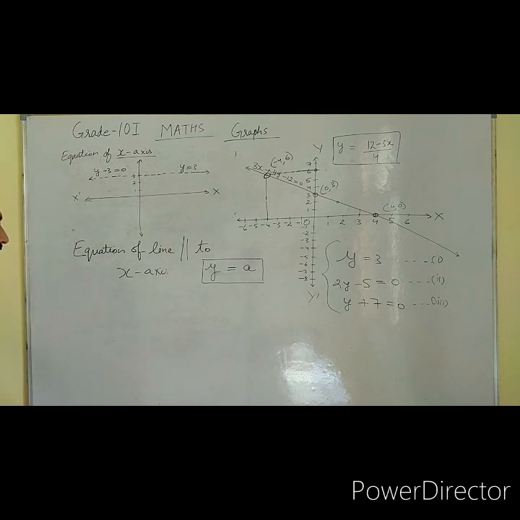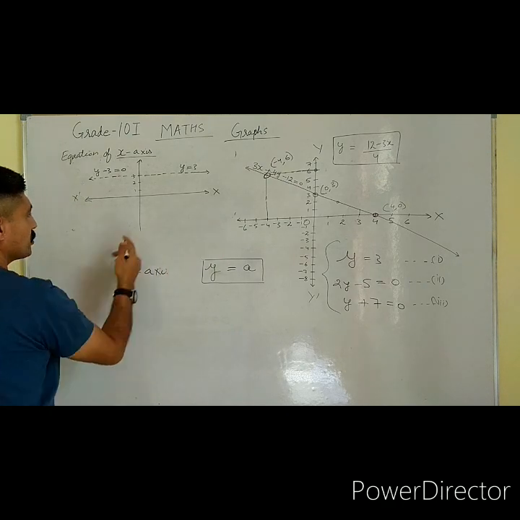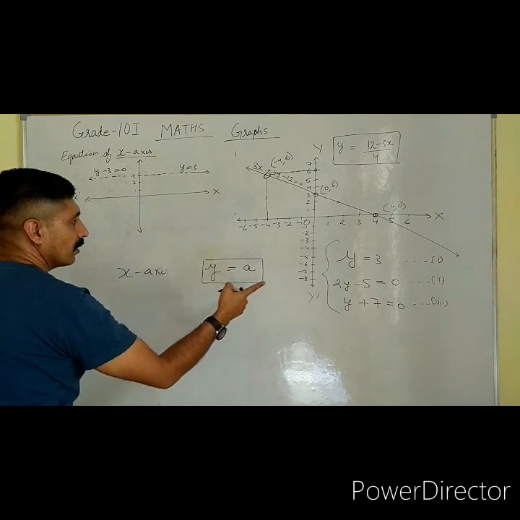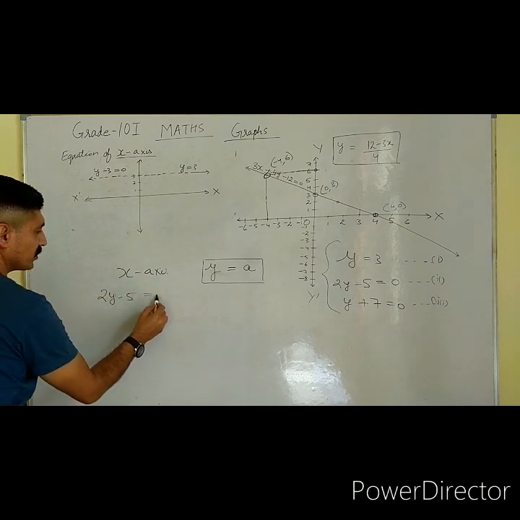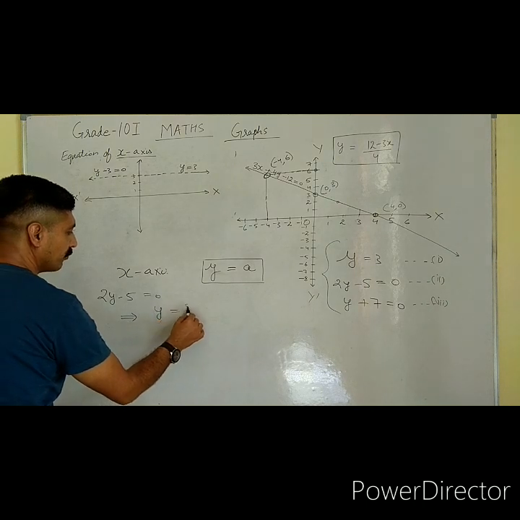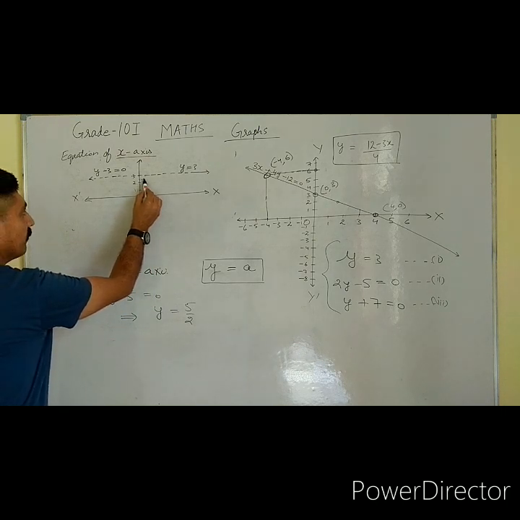Similarly, if we have the equation 2y minus 5 is equal to 0, this implies that y is equal to 5 by 2. 5 by 2 means 2.5. So that line will pass through near about 2.5 here.